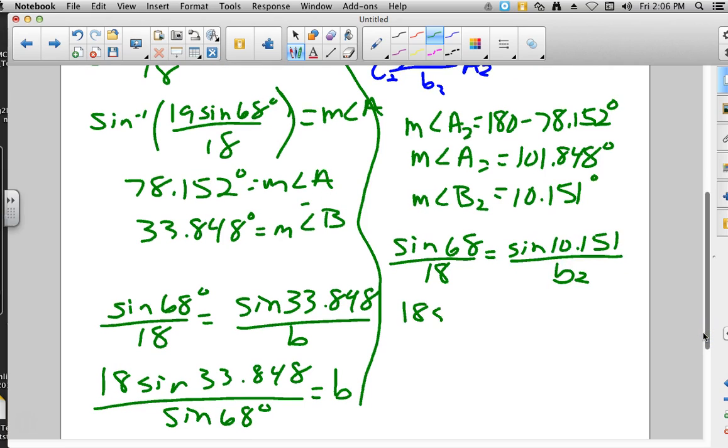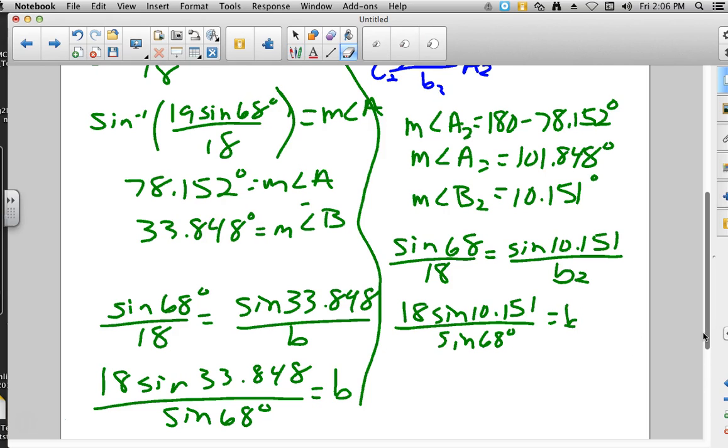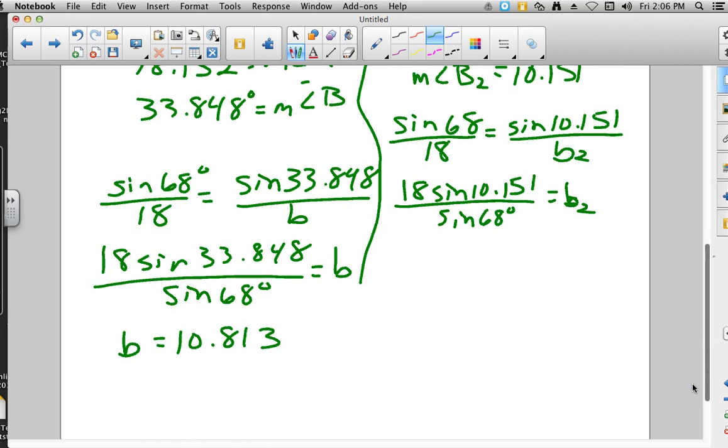And 18 times the sine of 10.151 divided by the sine of 68 degrees, that'll give us b sub 2. And we grab a calculator and we get 3.422 for b sub 2.